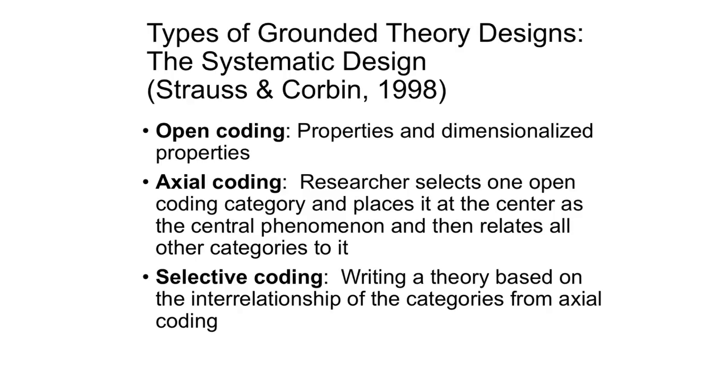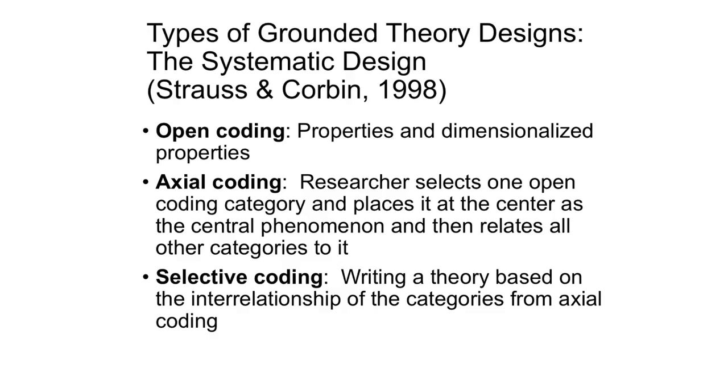Then from the open coding, you go into axial coding and you place one of those coding categories at the center as the central phenomenon and all the other categories feed into it. I should clarify, going back to open coding, that a subcategory of open coding is properties, and properties give more detail about that code. Whereas dimensionalized coding gives an idea of the continuum, the type of scale in terms of magnitude, and where that code is placed on that scale.